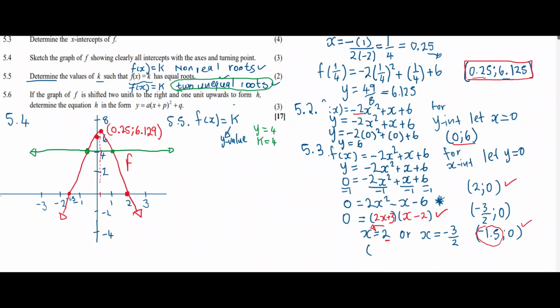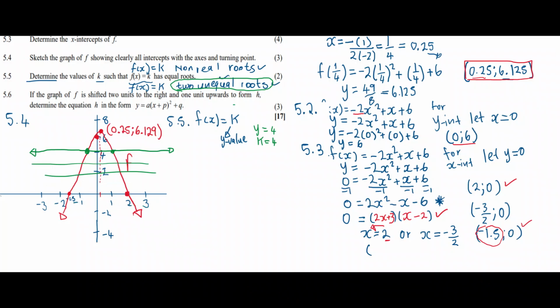For two unequal roots, it touches our function at two different points. Do you see that? One is here, the other one is there. But is that the only value that's going to touch?